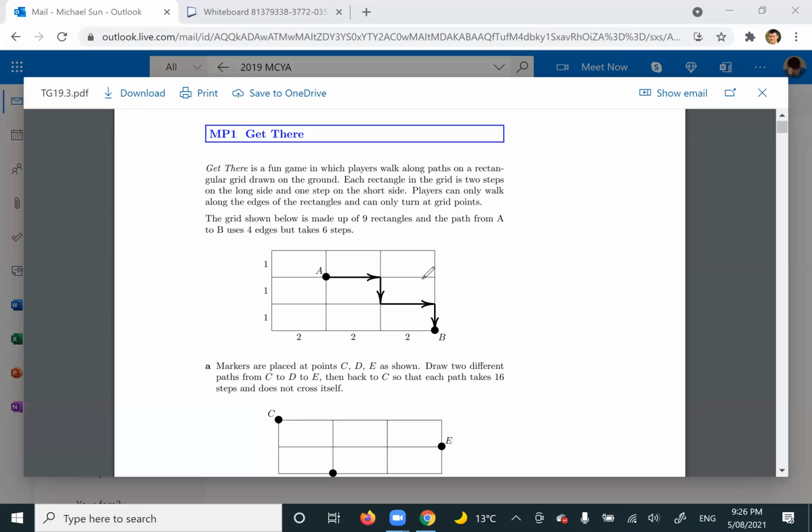What does that mean? It means that that's 4 edges and then 6 steps, like in the picture. You didn't really say it.